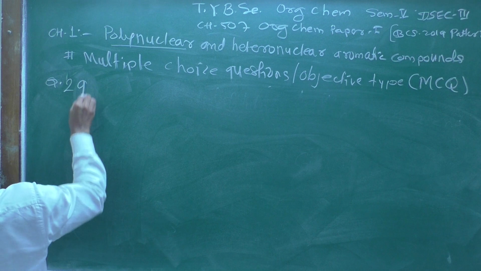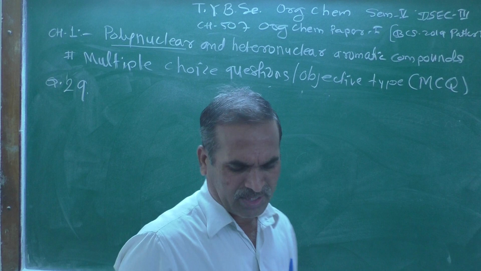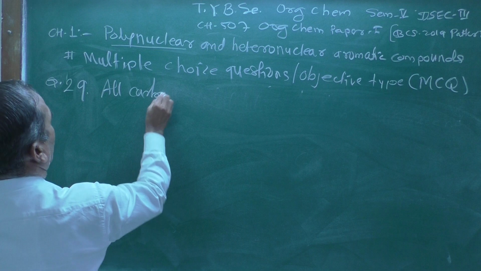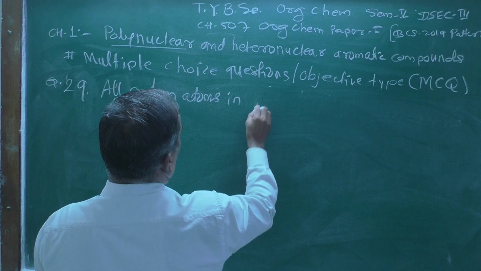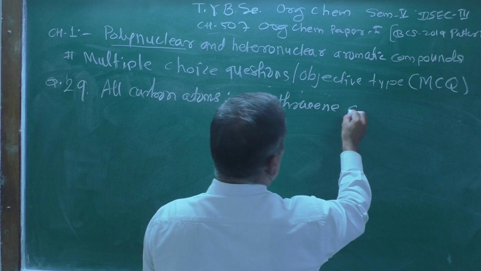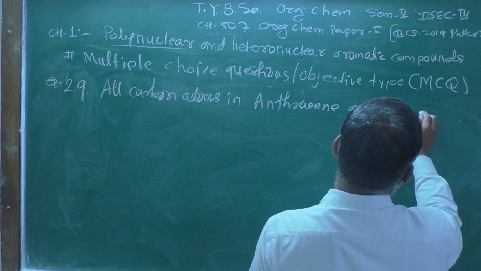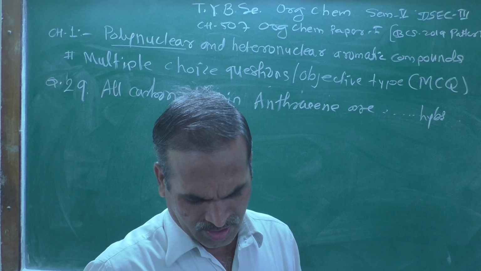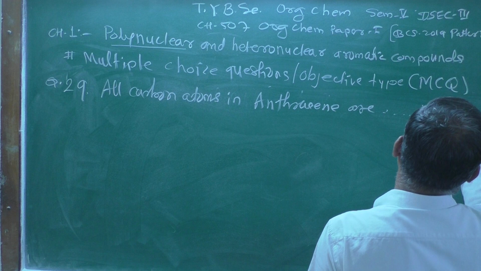All carbon atoms in anthracene are dash dash hybridized.